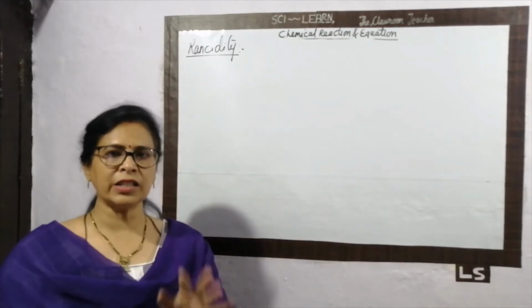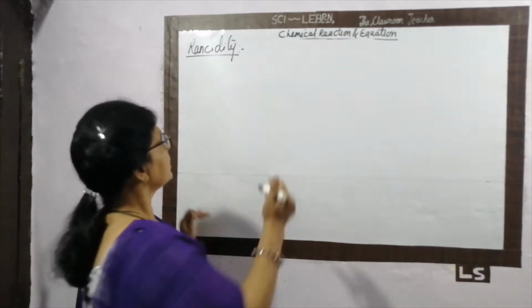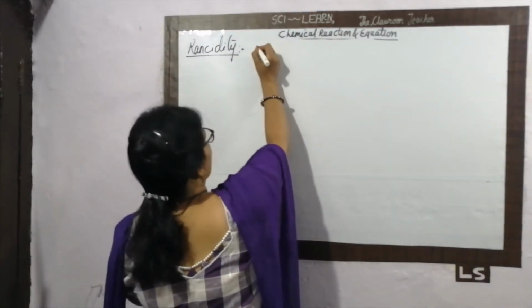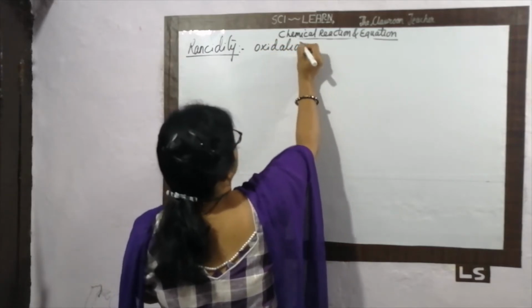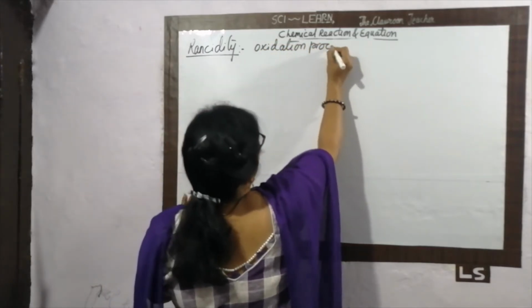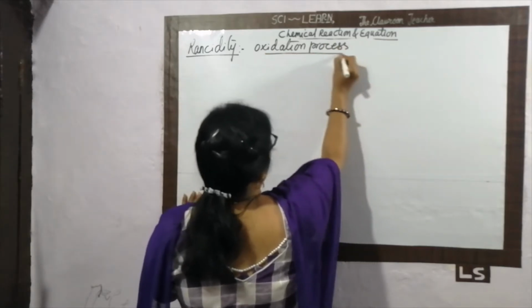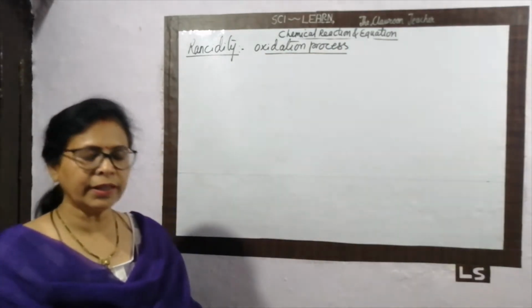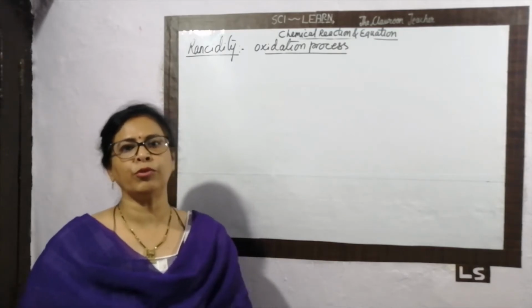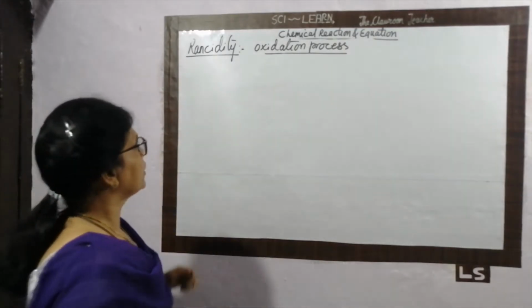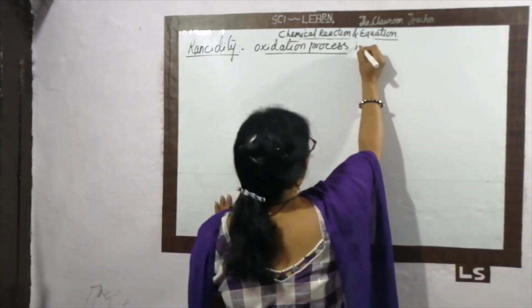This is actually the last topic of the lesson. Rancidity is also an oxidation process. Oxidation means in the presence of oxygen. In rancidity, the oxidation process takes place especially in food.